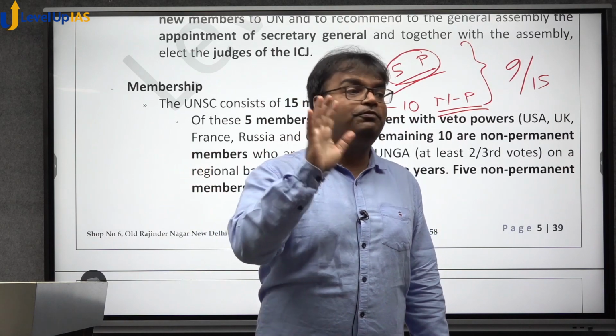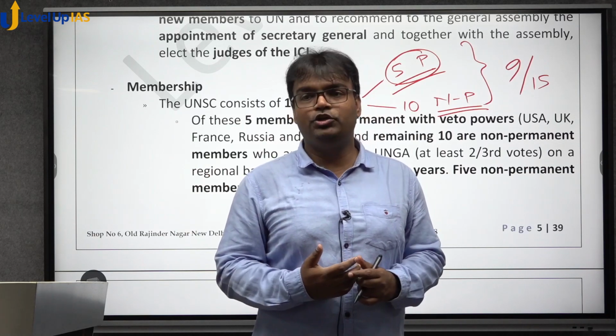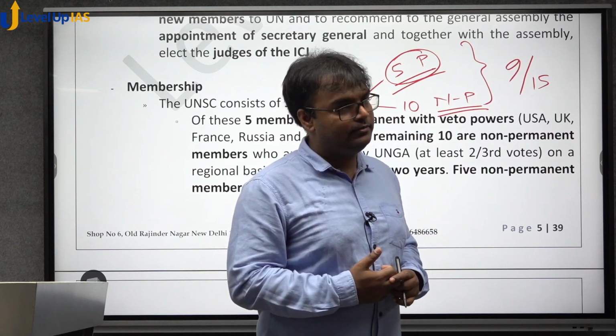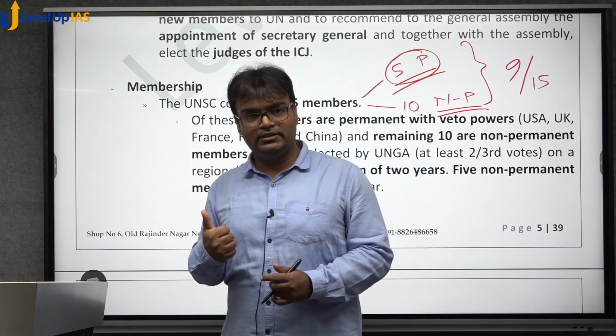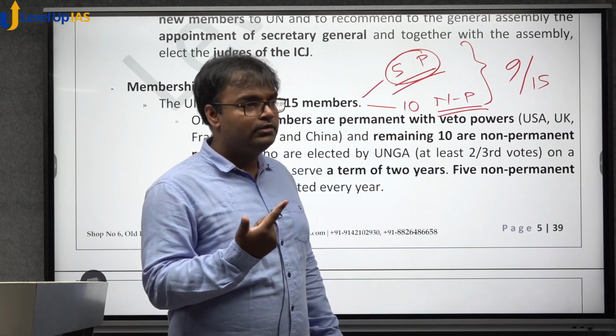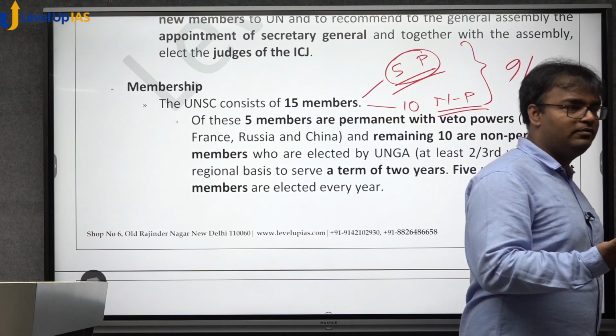So the P5 members have what is known as veto power in UNSC decision making. And who are the P5 members? United States, United Kingdom, France, Russia, and China.